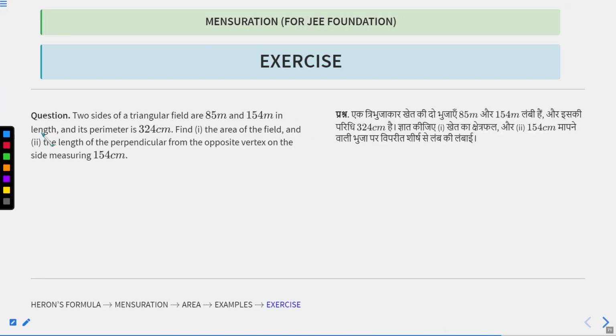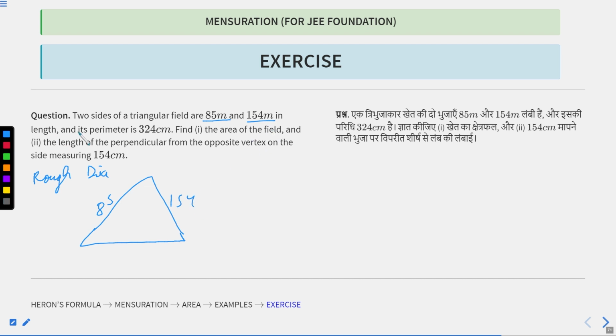So now this question says two sides of a triangular field. So my triangular field is like this. Always make a rough diagram to solve such questions. So two sides of my triangular field are 85 and 154. Let's say this is my 85, this is my 154.